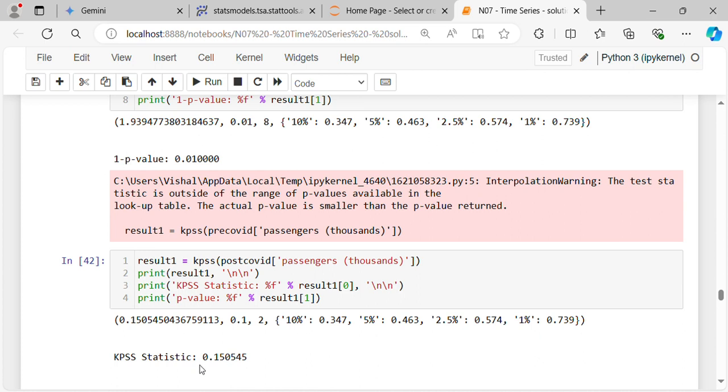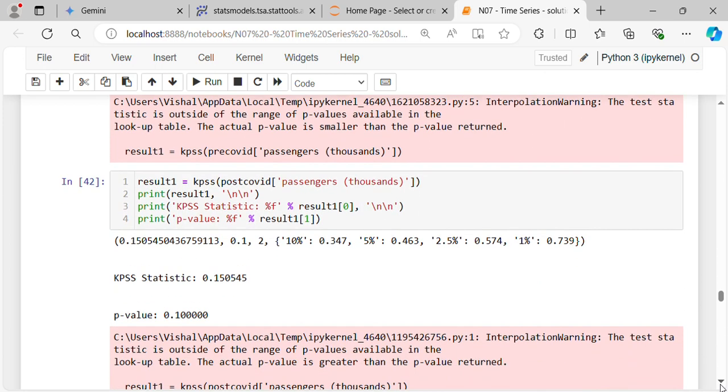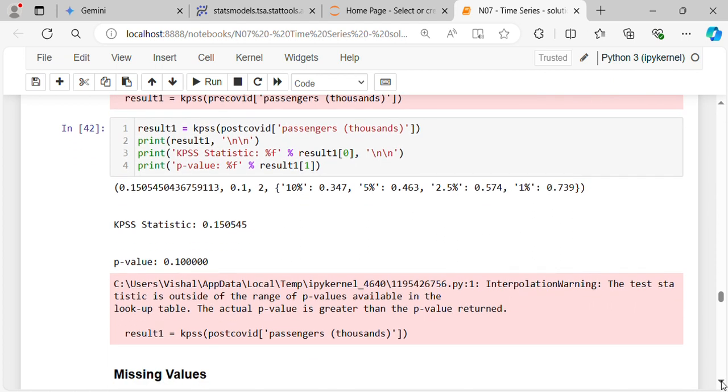And the kpss statistics is 0.150545, and print p-value colon percentage F, and that will be result 1 of array position 1, and that is 0.1, and we can see that 0.1 is greater than 0.05, which means the actual p-value is greater than the p-value retained.